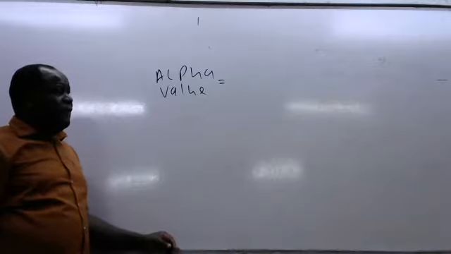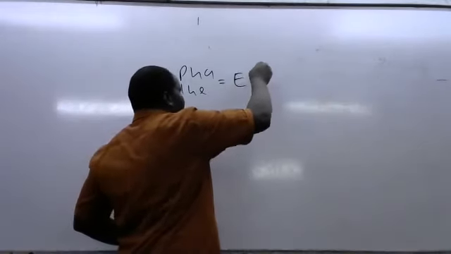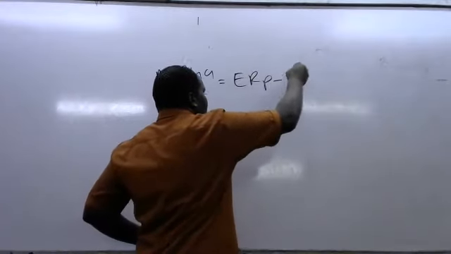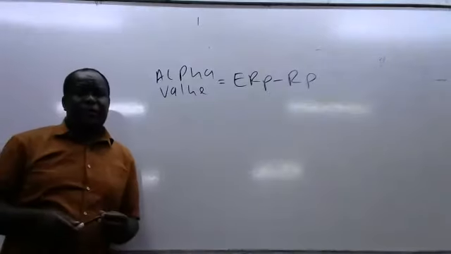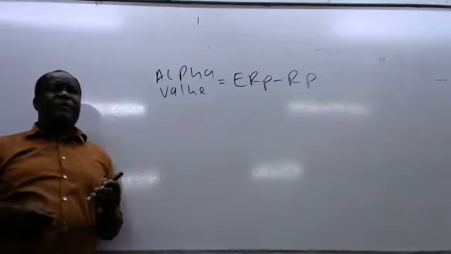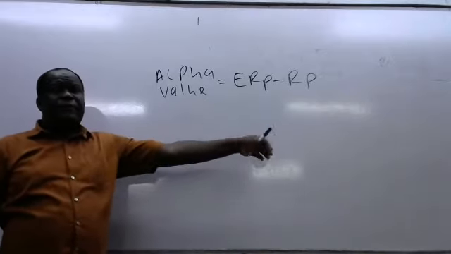So to get the alpha value, it will be given by the actual return of the portfolio minus the expected return of the portfolio.